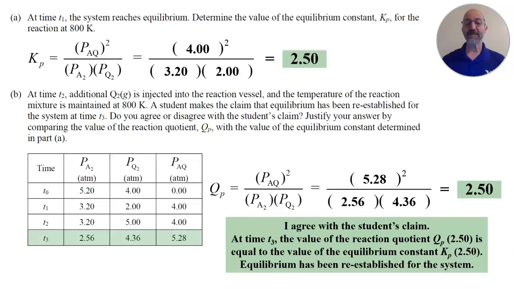At time T3, based on the numerical data and the calculations, the value of the reaction quotient, 2.50, is equal to the value of the equilibrium constant, 2.50. So equilibrium has been reestablished for the system. All right, well, those are the answers to question 10.